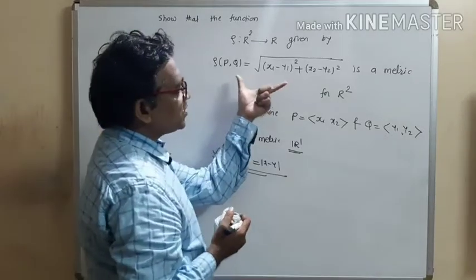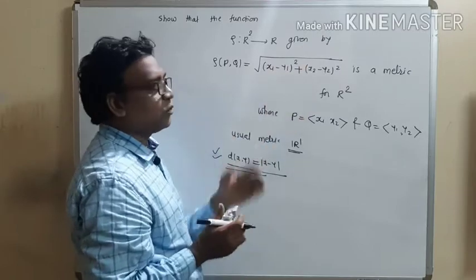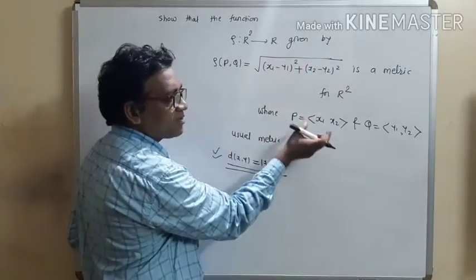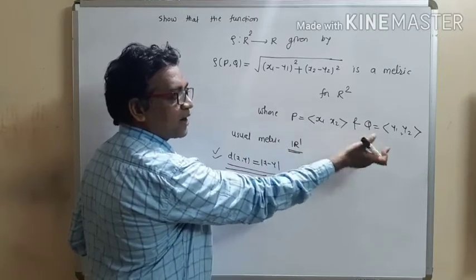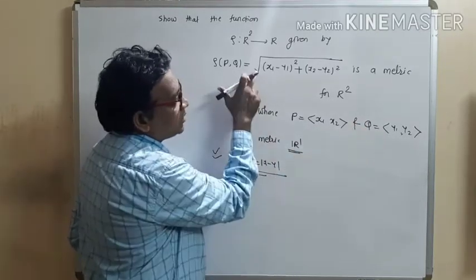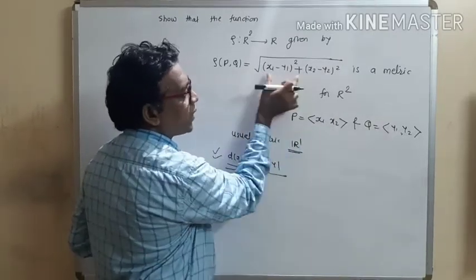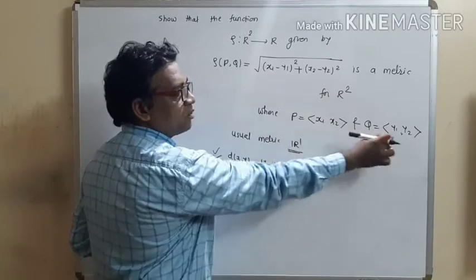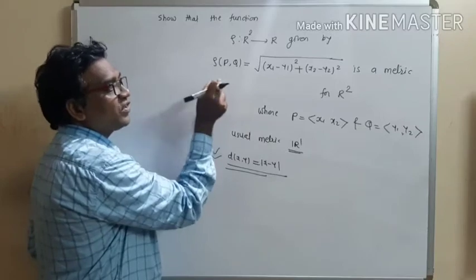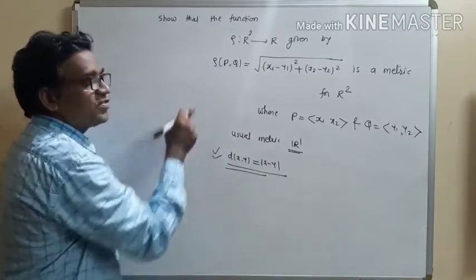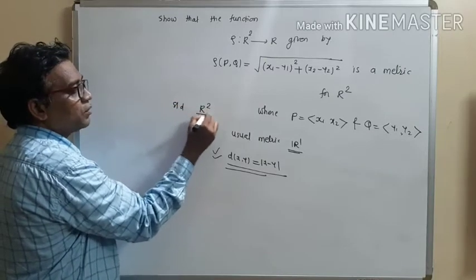Now if we observe this function, under root x1 minus y1 bracket square plus x2 minus y2 bracket square, where P is x1, x2 and Q is the second point y1, y2, in a coordinate system, this is nothing but the distance formula. So this is the distance function for R2, the standard metric for R2.